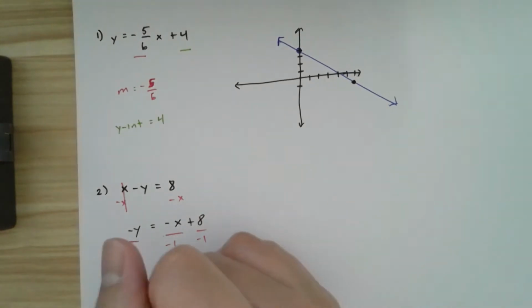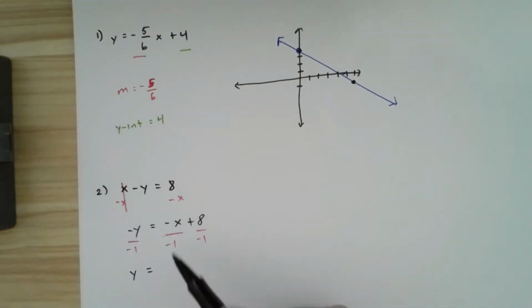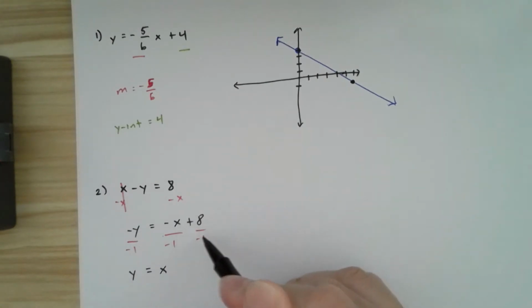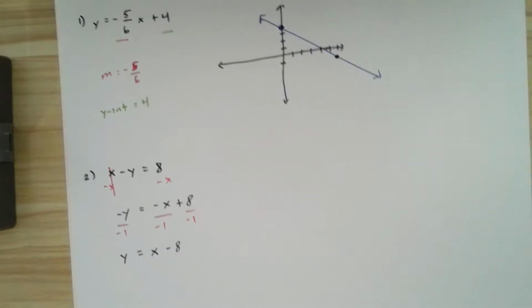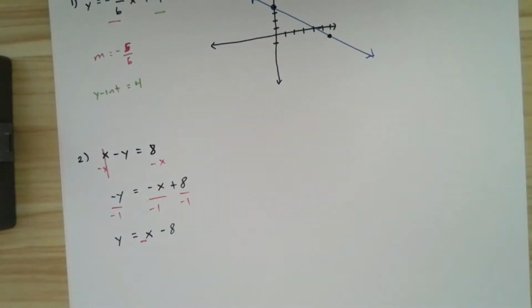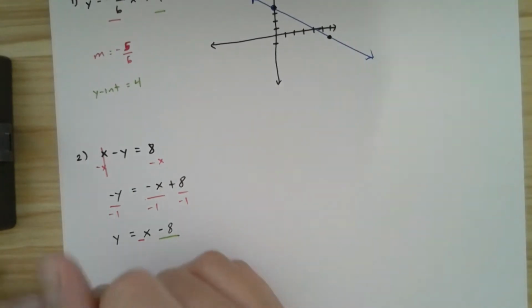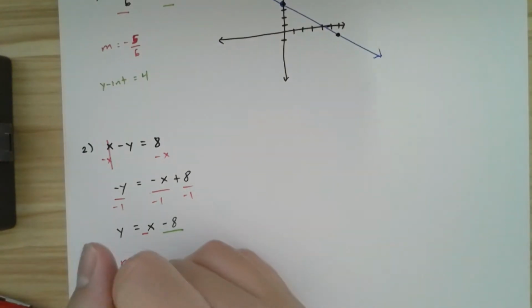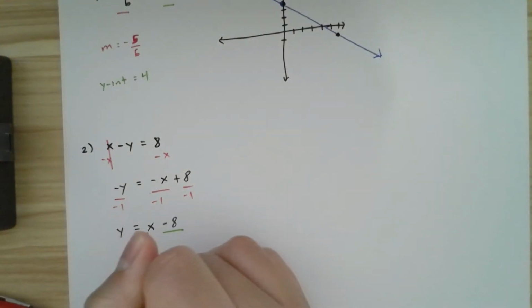And so then I'm going to have +y is equal to negative divided by negative, that's +x, 8 divided by -1, -8. Okay? My slope is +1. There's an imaginary 1 in front of that x, right? And then there's the y-intercept. So m is 1 and y-intercept is -8.